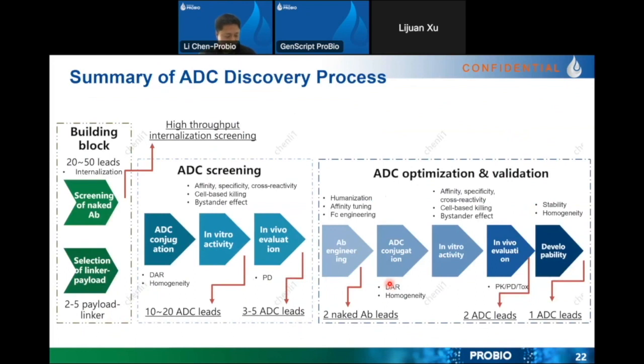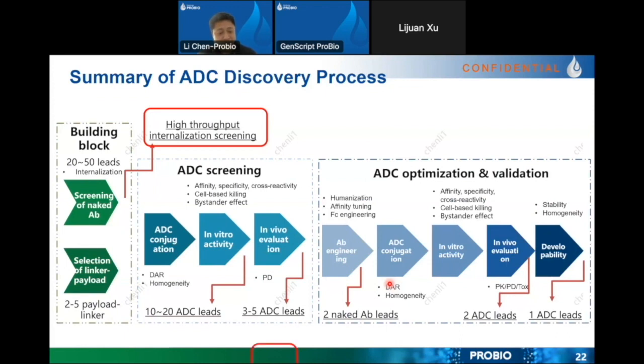So at the end, let's come back to this process of ADC discoveries. There are a few key checkpoints that need to be included. First of all, a high throughput internalization screening during the antibody leads generation stage will greatly help to weed out those non-desirable candidates.